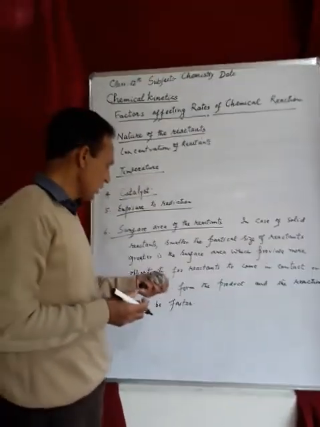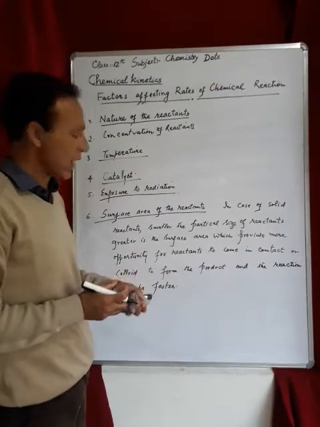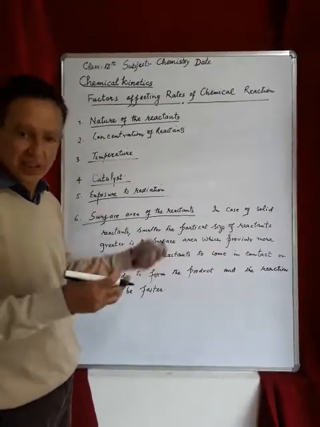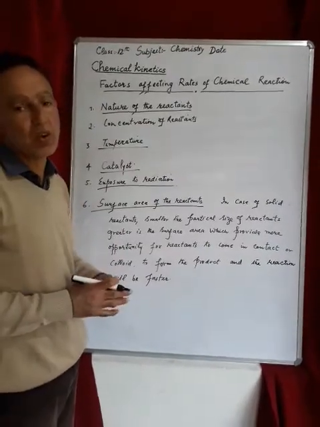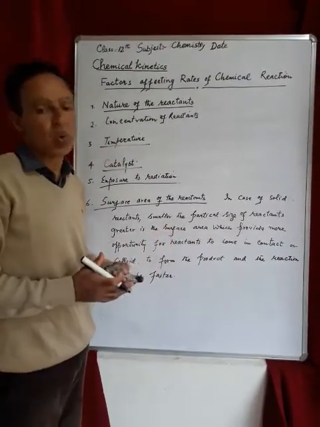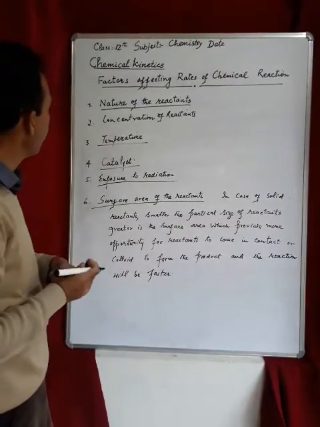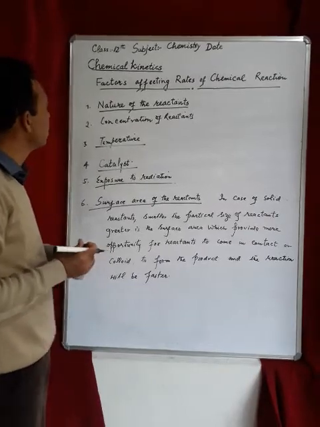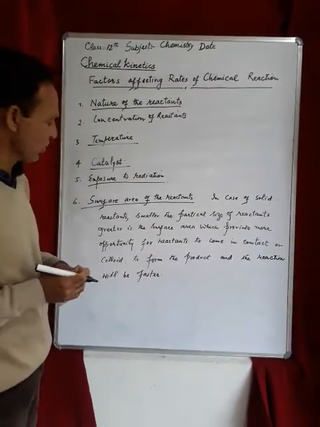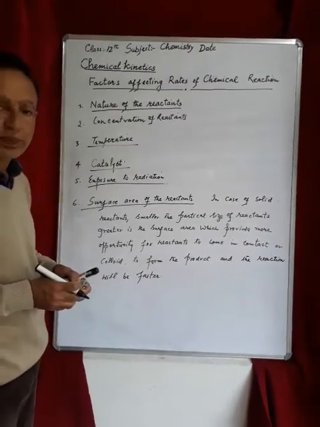Naturally rate of reaction slow होगी as compared to that when the particle size is smaller and greater surface area between for the reactant molecules to contact or to collide with each other. So this was all about the effect of factors affecting the rates of chemical reactions. Thank you.